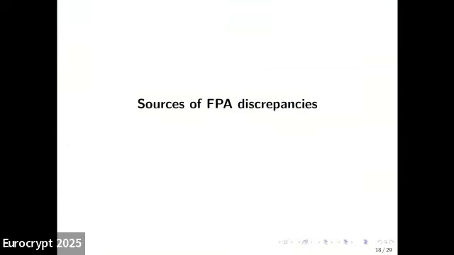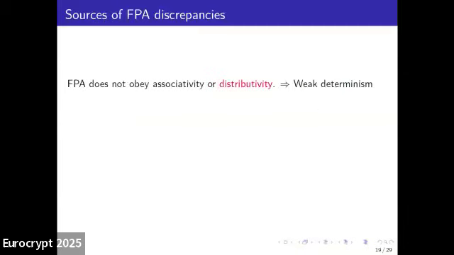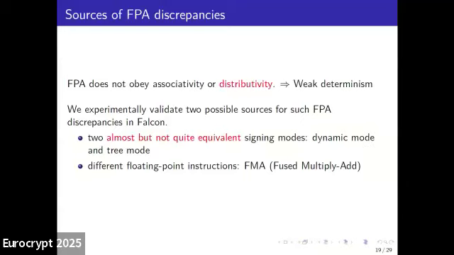Next we turn to the question of how the floating point arithmetic discrepancy can arise. Floating point arithmetic does not obey associativity and distributivity, which breaks determinism. We experimentally validate two possible sources for such floating point arithmetic discrepancy in Falcon.